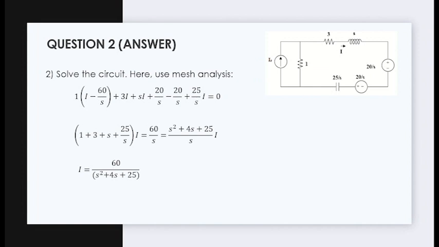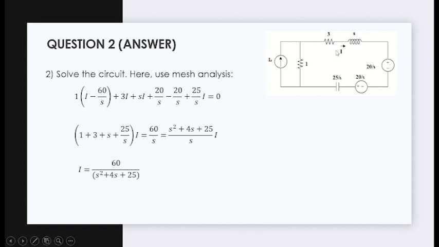Alright, the next step is to solve for the circuit using any circuit analysis method. In this case, we use mesh analysis. So we go around the mesh. First, we have 1 times I, the current flowing through the mesh, minus the 60 over s current source.